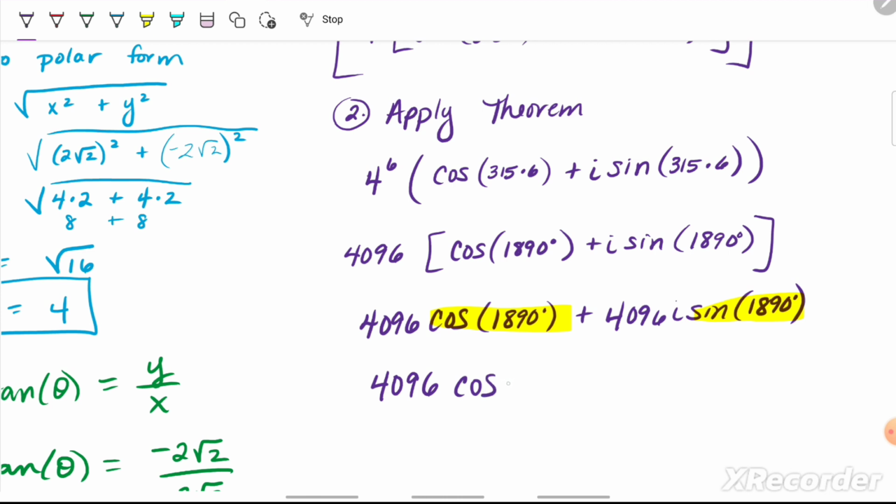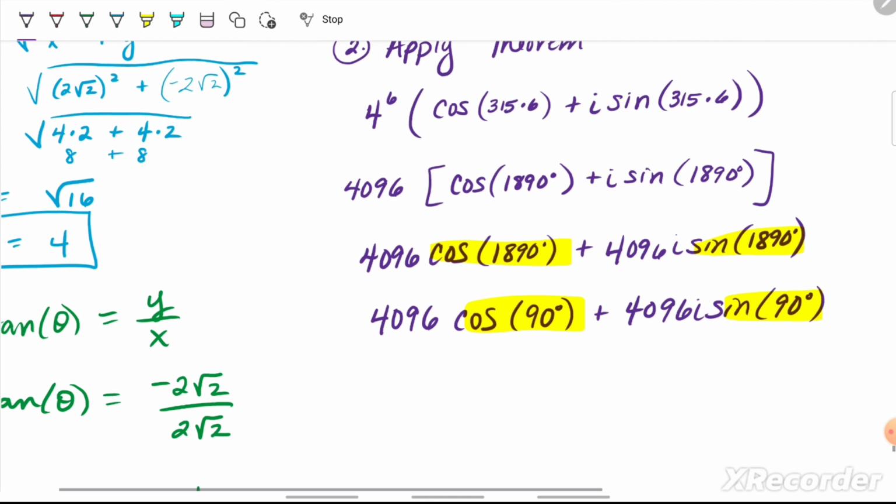So this becomes 4,096 times cosine of 90 degrees plus 4,096i times sine of 90 degrees. And now these are some trig values we know. Cosine of 90 degrees, that's going to be 0.